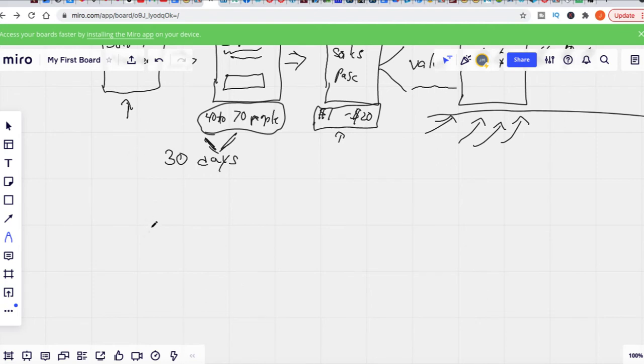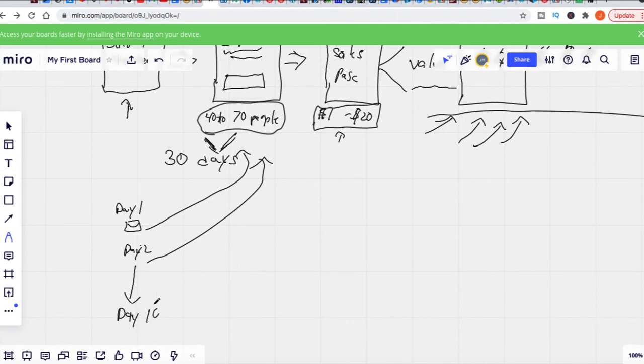When the leads first come through, they're going to get a day one email, which is probably going to send them straight to that low ticket product. Then day two, we'll probably send them back to that low ticket product if they didn't purchase it. And if you go all the way down to, let's say, day 10, you're going to be trying to sell this low ticket product.